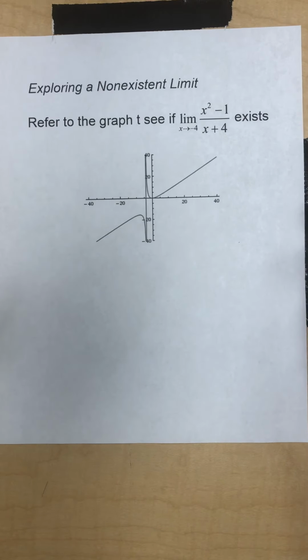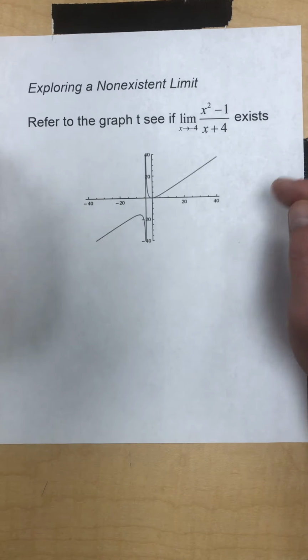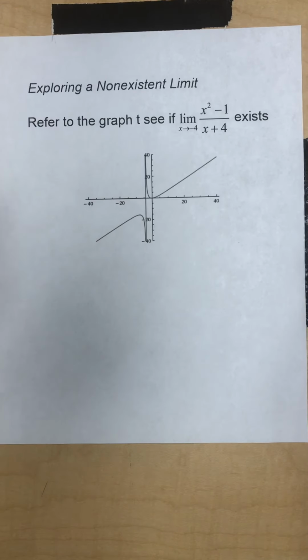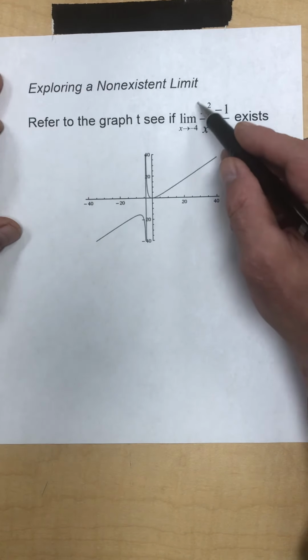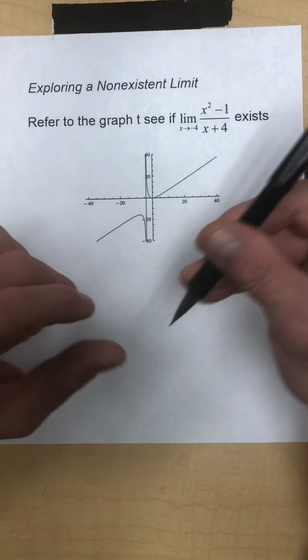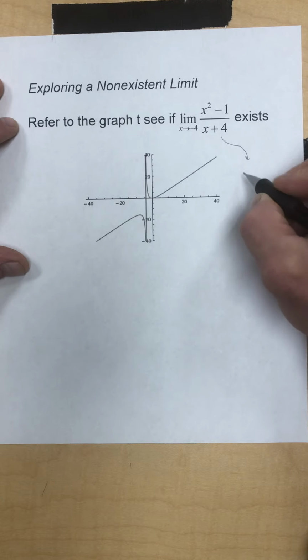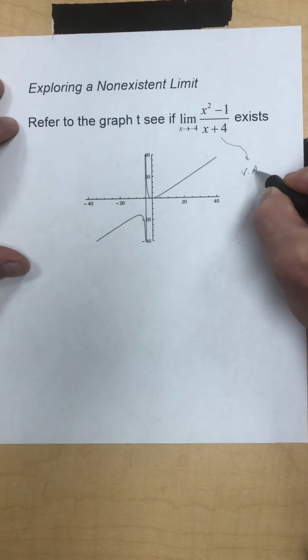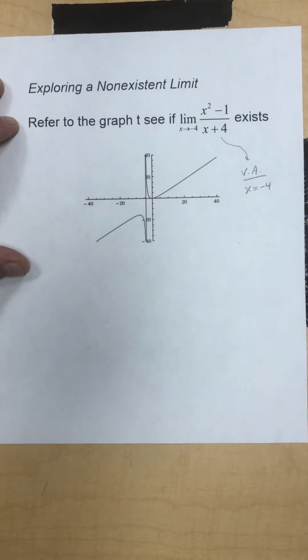Because remember, basically what we're looking for when you're talking about a limit is: as we approach a specific number along the x-axis, what are the y values going to? So if you look at something like this, we worked with these rational functions last year. We know that this one has a vertical asymptote at x equals -4.